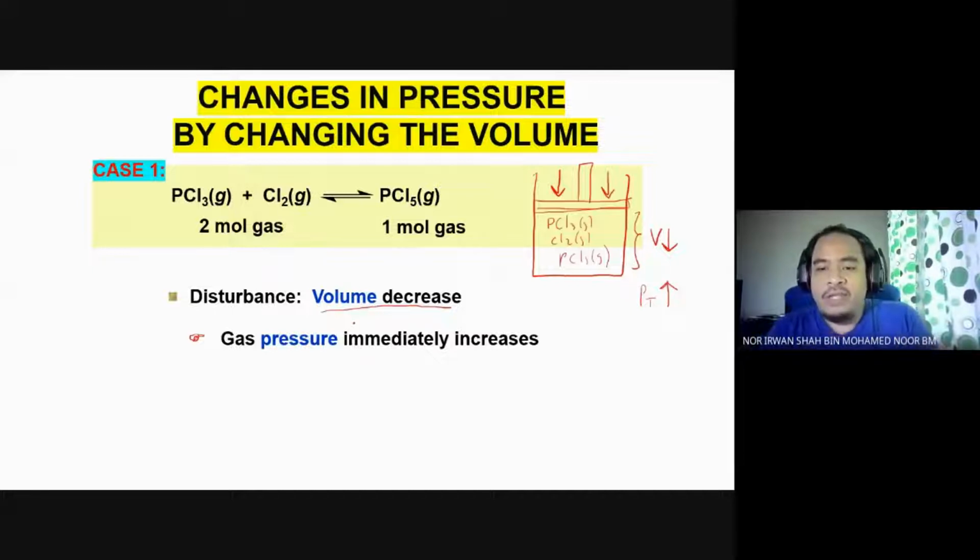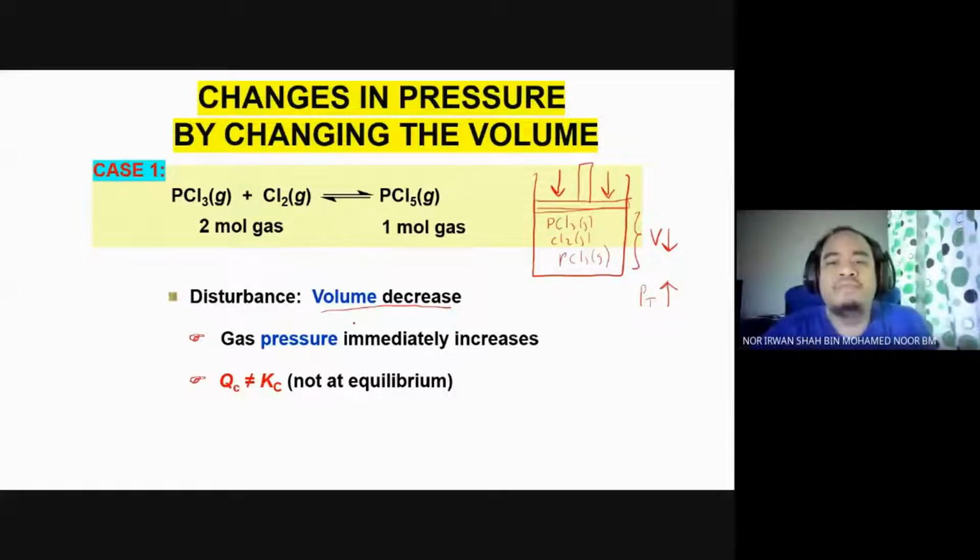When this happens, of course, the system will no longer be at equilibrium. Some of you might wonder why the system is not at equilibrium. Class, if you look at Kp for this system, Kp equals the partial pressure of PCl5 divided by the partial pressure of PCl3 times the partial pressure of chlorine.